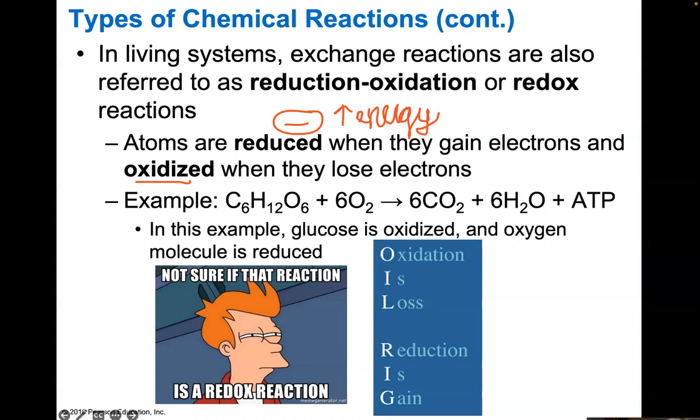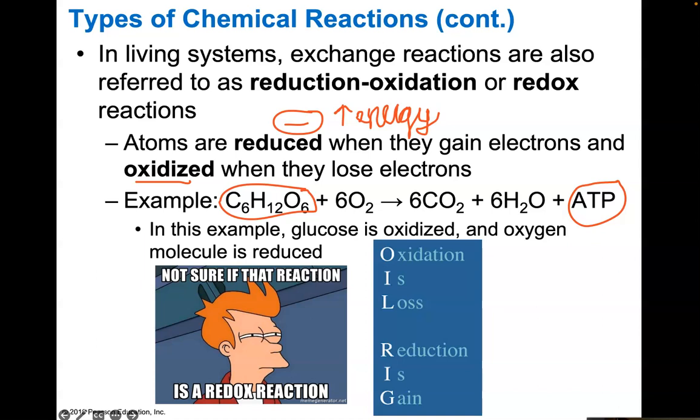So in this example, think about glucose and the breakdown reaction that we have in our bodies, the breakdown of glucose to transfer the energy in these high energy glucose bonds to a form that's usable for us, right? In the form of ATP. So in this redox reaction, in this example here, glucose is going to be oxidized, right?